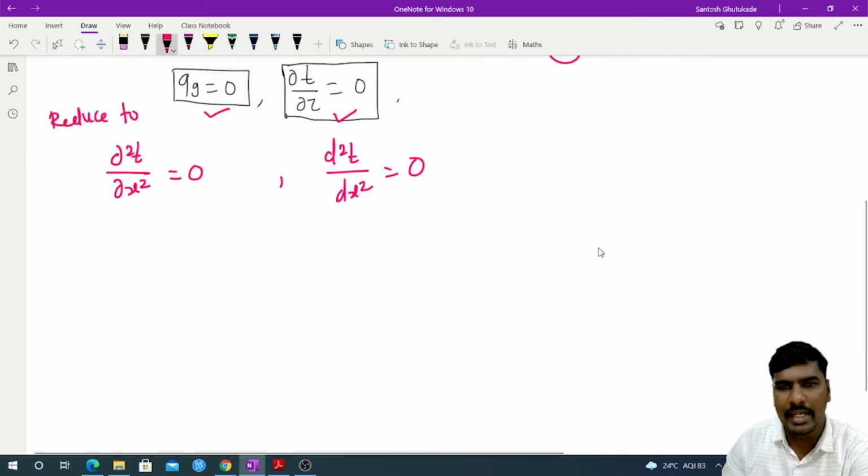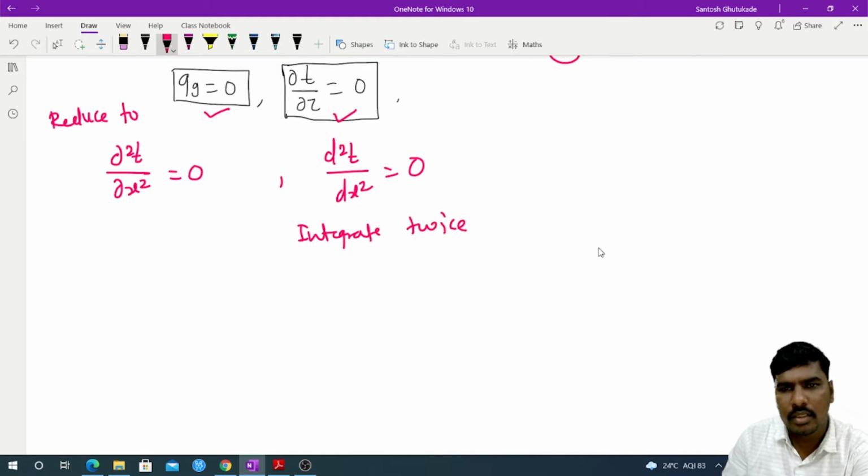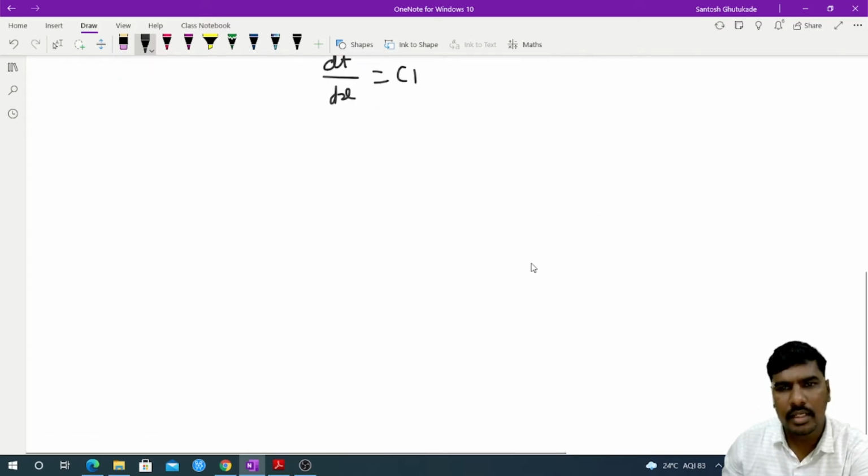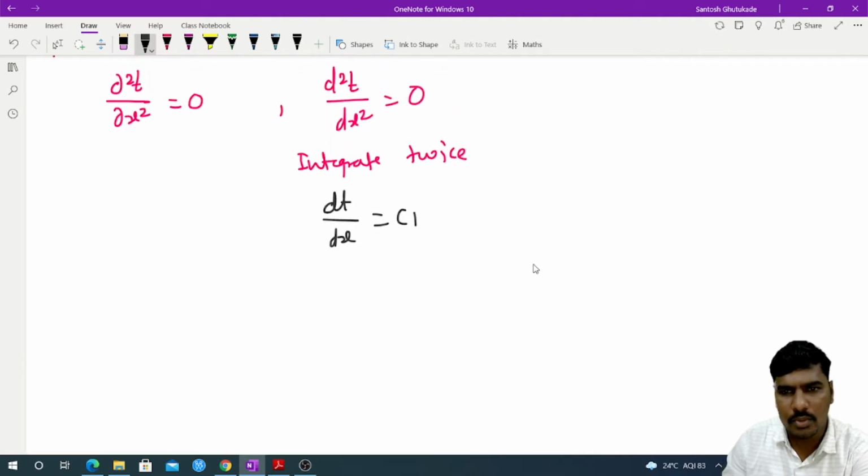Now we have to integrate this equation twice. The first integration gives dT by dx is equal to C1, and the second integration gives T is equal to C1x plus C2.